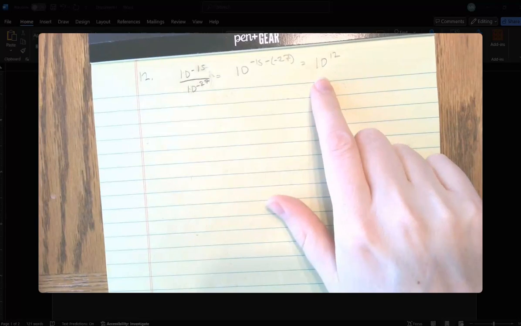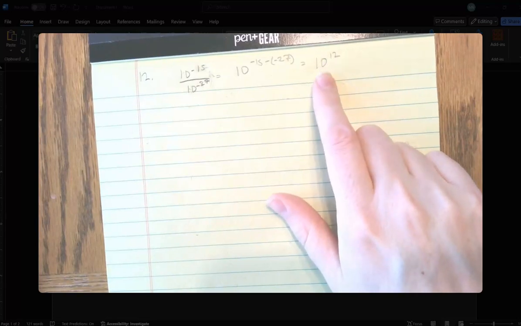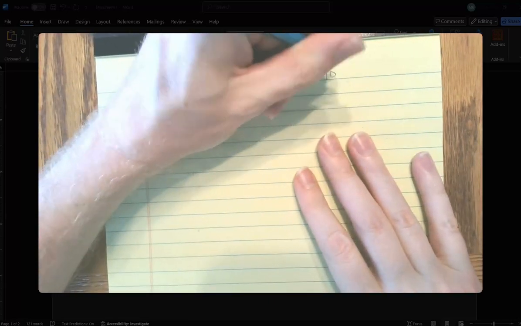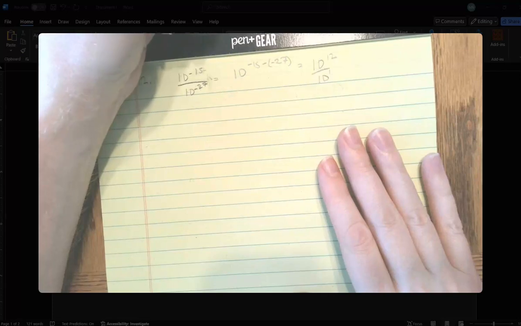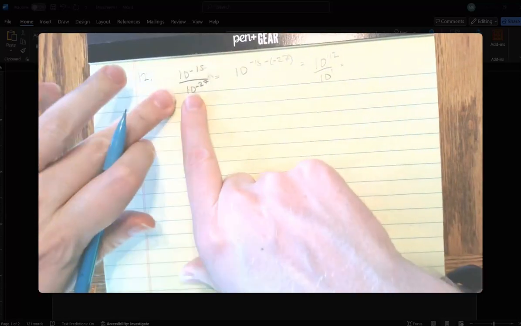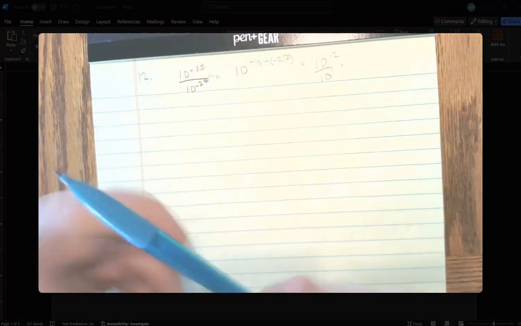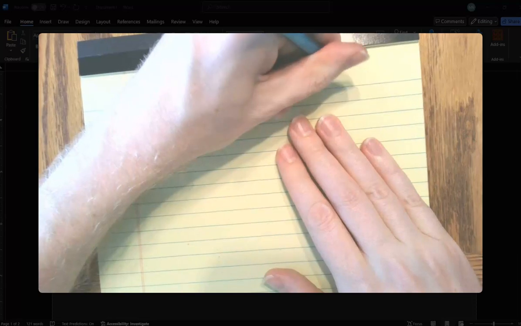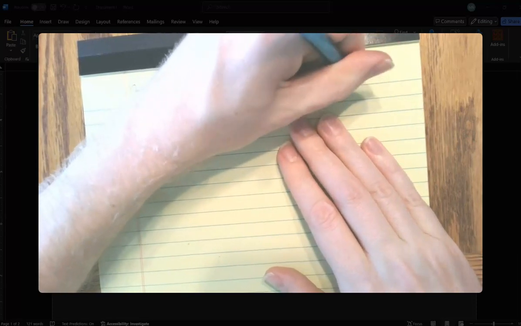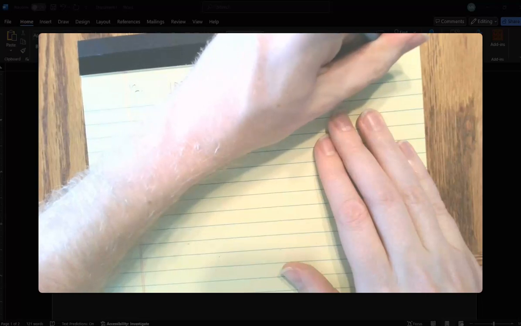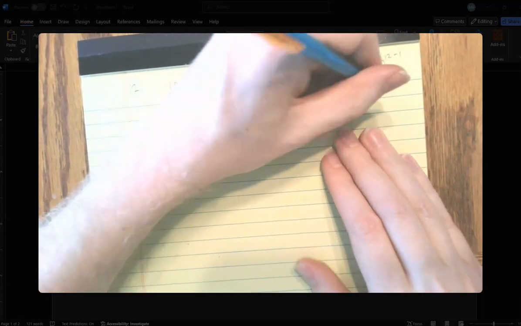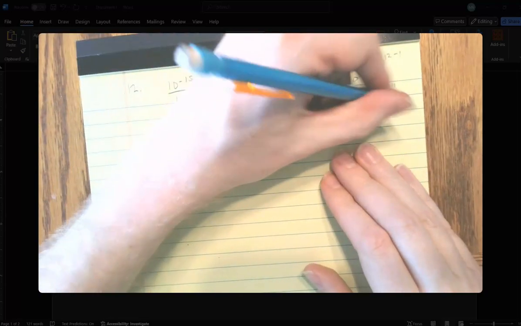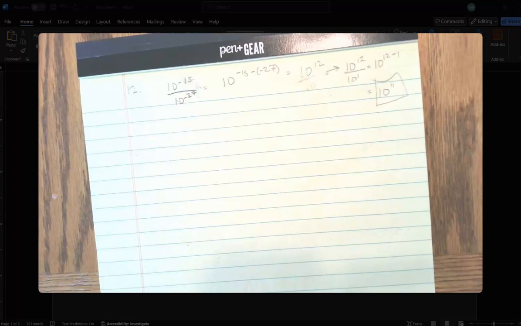So we're going to take the number of hydrogen atoms in a bacterium and divide that by 10. Again, this is like 10 to the first, so we can do the exact same thing that we did over here. So this is going to be 10 to the 12th minus 1, or 10 to the 11th, which I think is the correct answer on there.